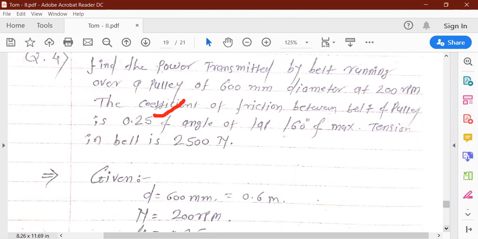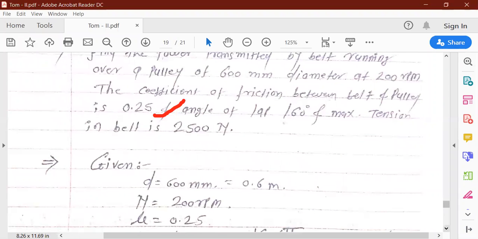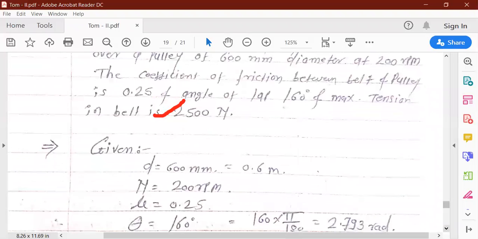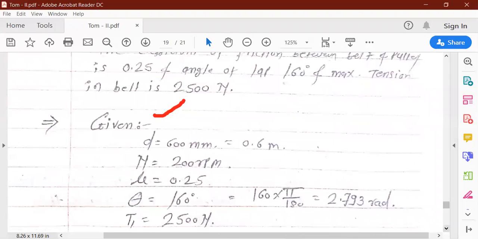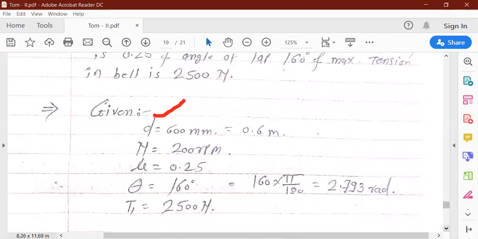Then mu is also given, that is mu is equal to 0.25. Theta is also given, that is 160 degrees, but here theta is given in degrees. We have to convert it into radians because meter is an SI unit for diameter, rpm is an SI unit for rotational speed, mu has no unit, and degree is not an SI unit for angle.